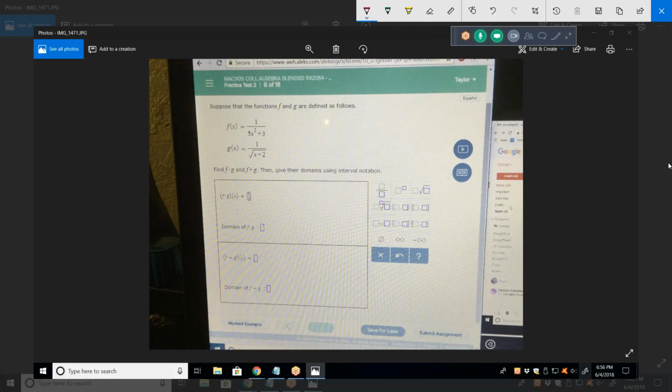I don't want to confuse you, but you can have a different domain when you combine functions. You can certainly have it if you divide. If f of x was x, and g of x is x plus 1, the domain on both of those functions is all real numbers.